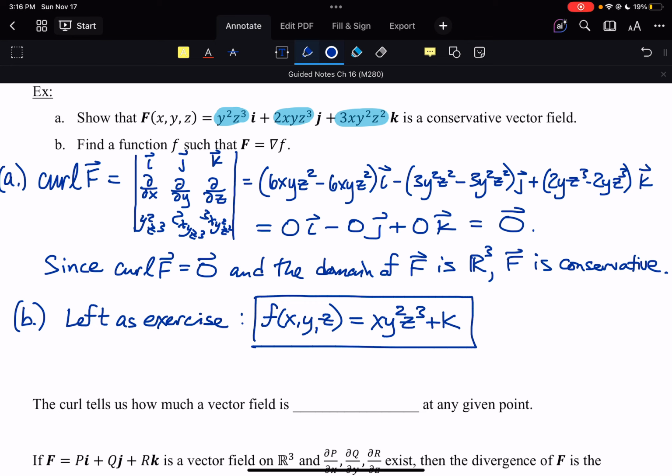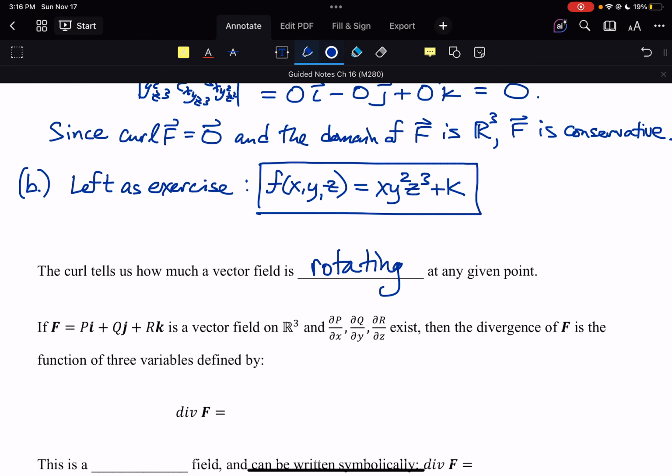So it tells us how much a vector field is rotating at any given point. Okay, so it talks about how much curling is happening at any given point on the vector field. And of course, because we get a new vector field, you can then plug in any point you want to determine the value of the curl at that specific point.